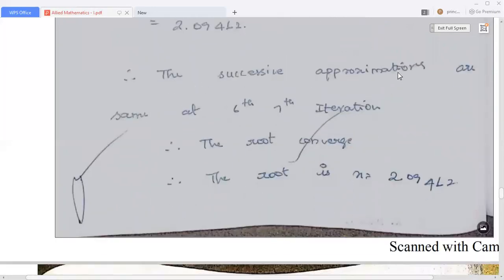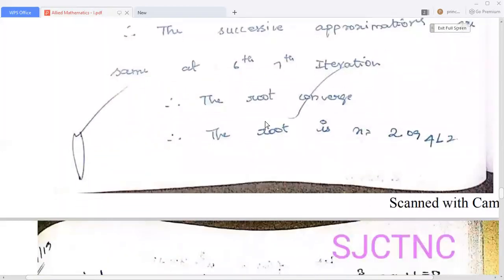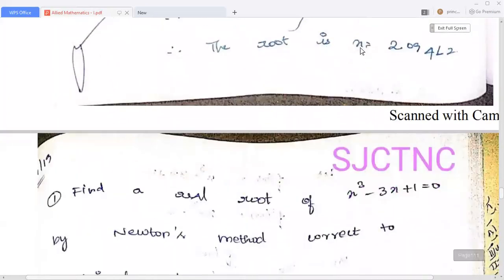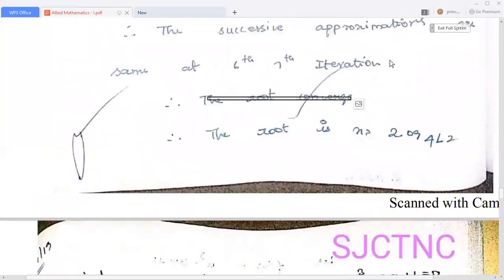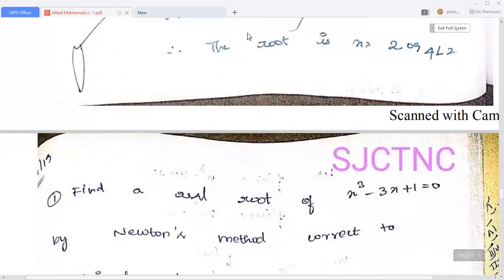Therefore, the successive approximations are the same at the sixth and seventh iterations. Therefore, the root converges. Therefore, the root is x equal to 2.09462. This completes the problem.